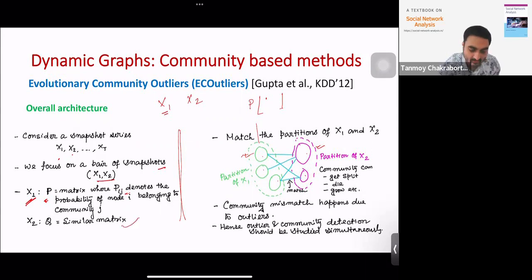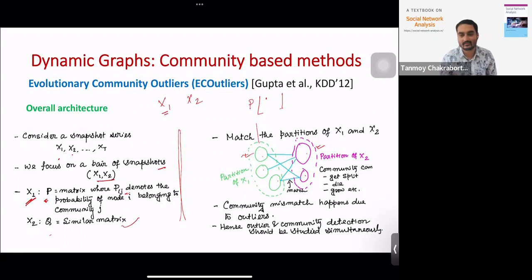Similarly, we have the same belongingness matrix for X2, denoted by Q. Try to remember the notations: X1, X2 are two time snapshots, and the corresponding belongingness matrices are P and Q respectively.